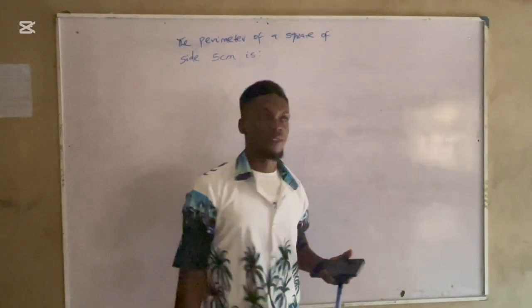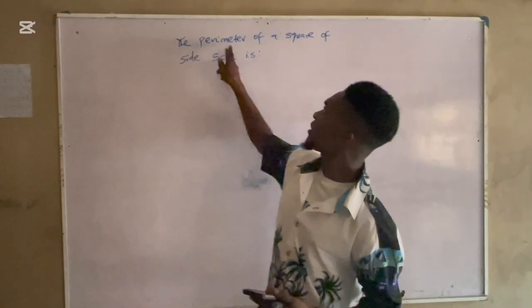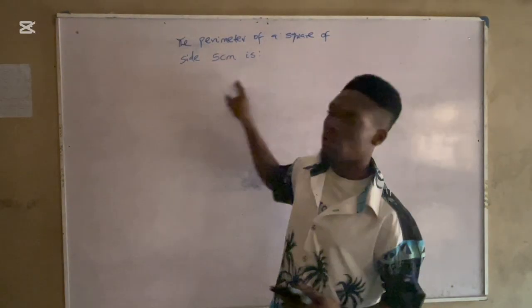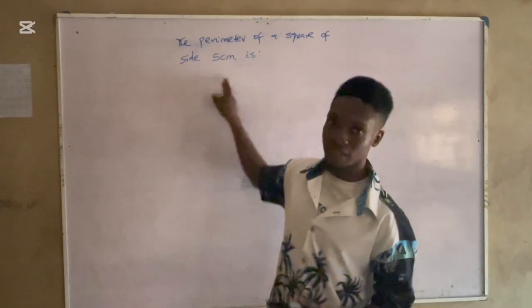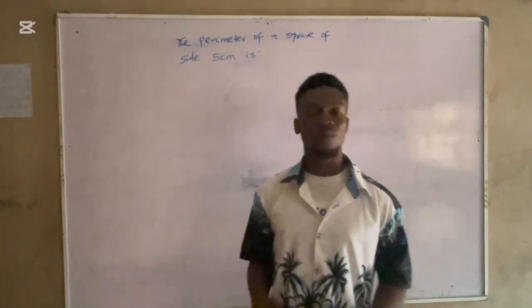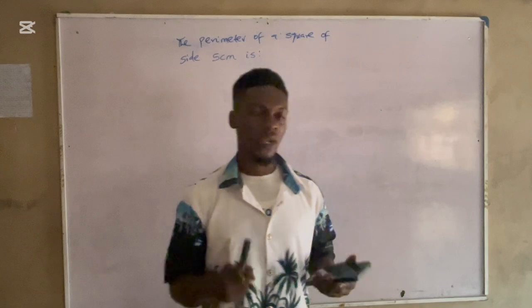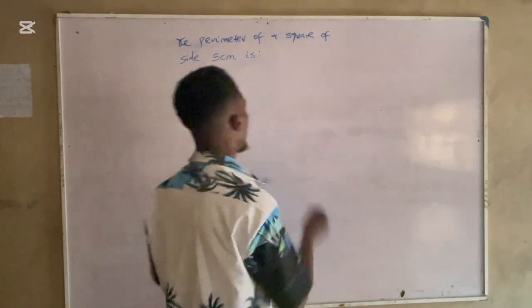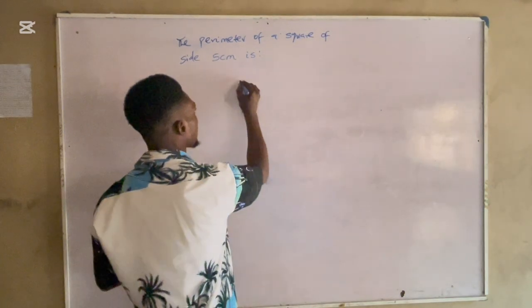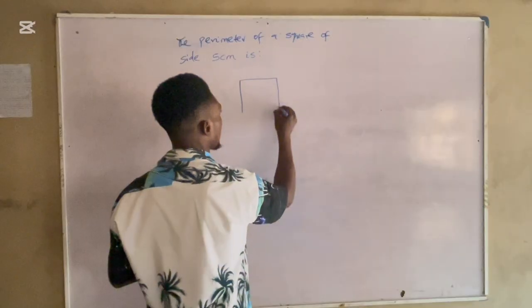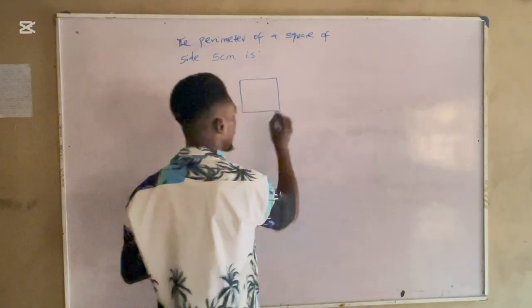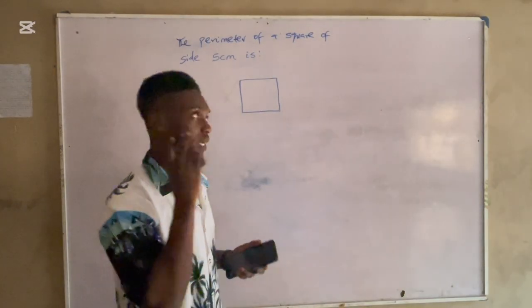The next question. The perimeter of a square of side 5 cm is what? That is, what is the perimeter of a square? Remember, you have a square. One of the major properties of a square is that all the sides are equal.